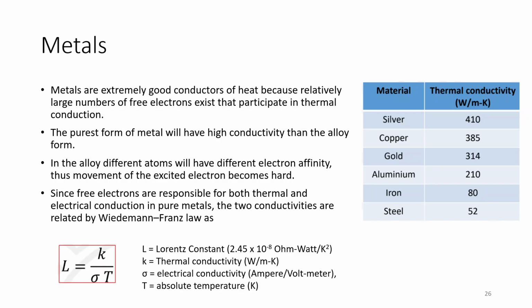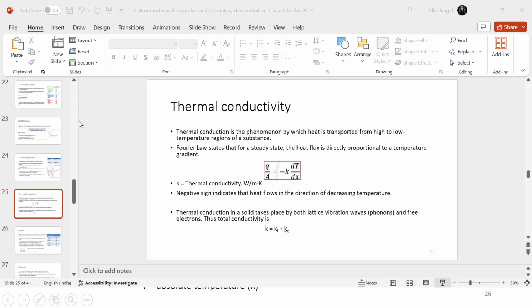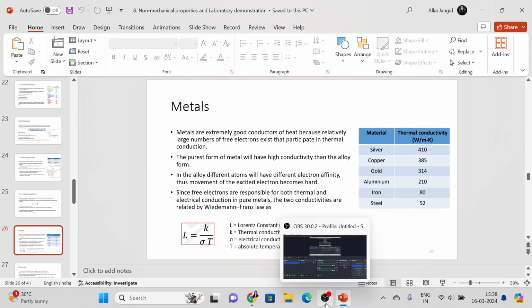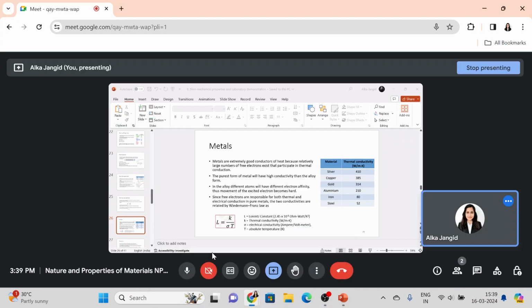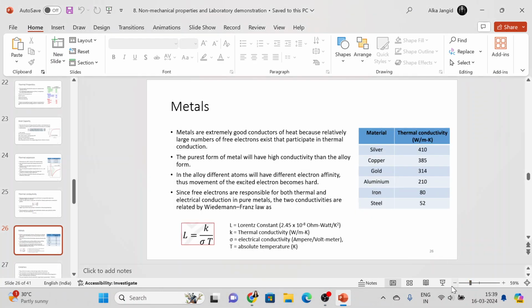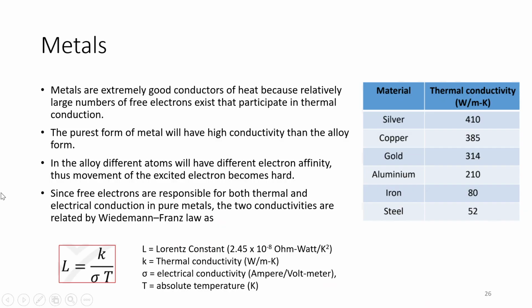Metals are extremely good conductors of heat because relatively large numbers of free electrons exist that participate in thermal conduction. The purest form of a metal will have higher conductivity than the alloy form, because your electron will interact with the alloying elements.